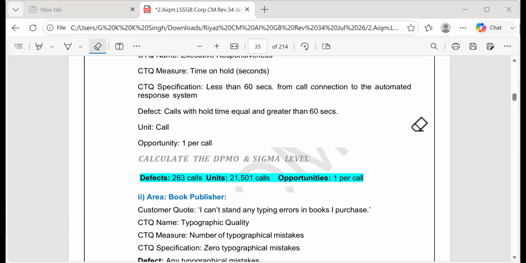Correct. So 12231. That will be the DPMO.